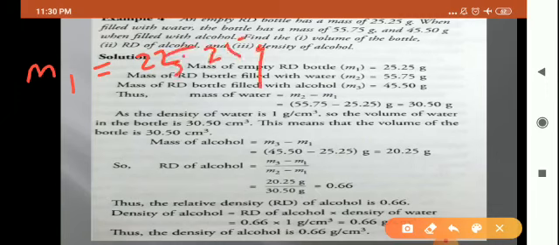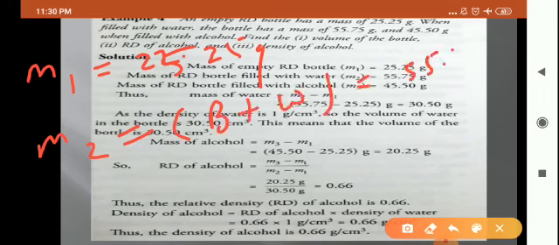25.25 gram. Now when filled with water, the bottle has a mass of 55.75 gram. When that same bottle is filled with water, what was the mass at that time? It means M2. M2 is the mass of the bottle plus water. So what is the mass at that time? 55.75 grams.